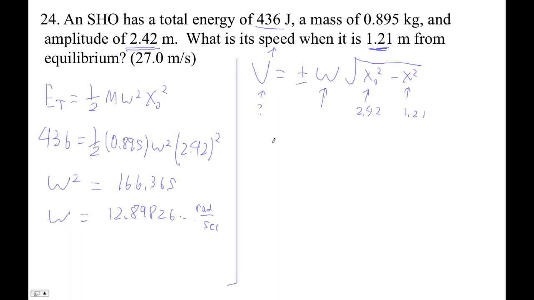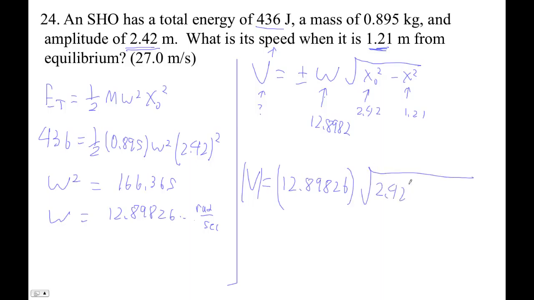So now let's just plug in. This is actually now 12.89826, right? So velocity is, what's its speed, right? The absolute value of velocity is 12.89826, approximately, times the square root of 2.42 squared minus 1.21 squared.